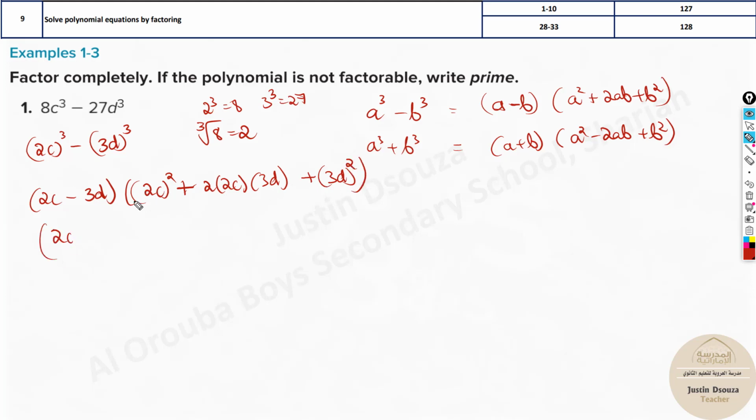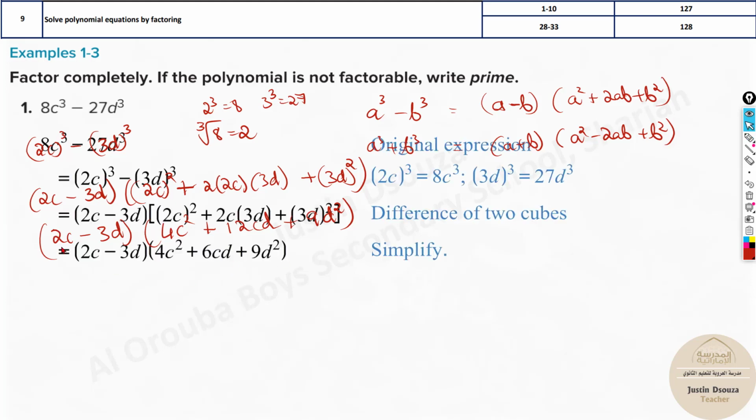Simplify, expand them. It'll be 4c squared plus 4 times 3 is 12cd plus 9d squared. This would be the answer. I think so. You can stop here. You do not need to do factoring, simplifying further. Yeah, that's the answer.